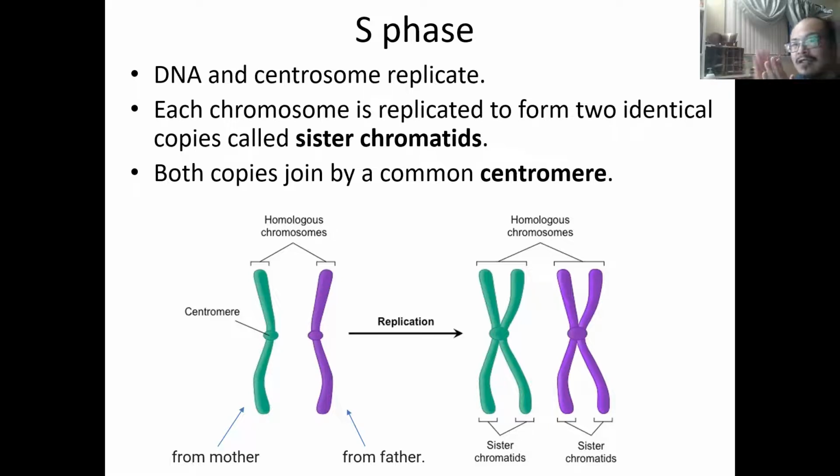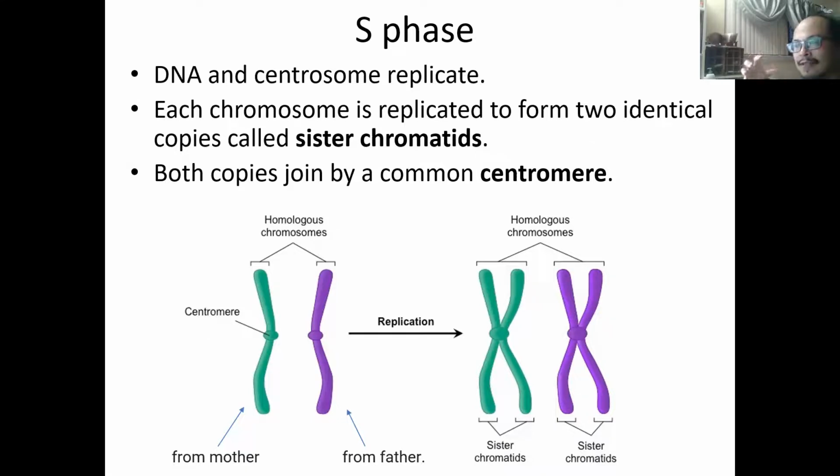Exact copy. It doesn't really know what the alternative is. Basically, the only copy they can make is from their sister chromatids. So it will be making another set, exactly the same one. So we have 46 times 2 chromosomes after the S phase.